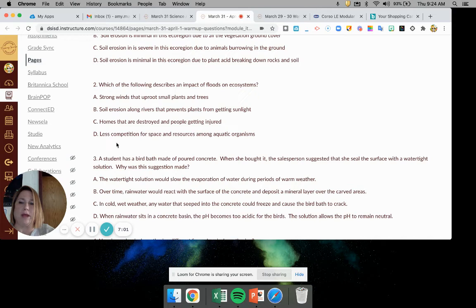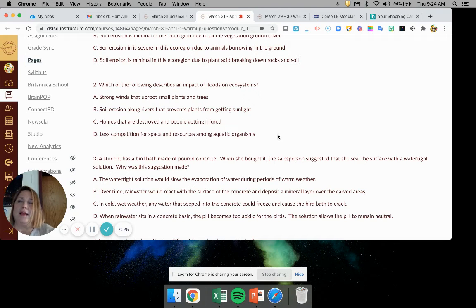But let's keep going. Homes that are destroyed and people getting injured. Yes, that is a thing that absolutely happens, but we don't really consider those ecosystems. So we're talking more of the natural world. So we can eliminate A and C so far. Less competition for space and resources among aquatic organisms.